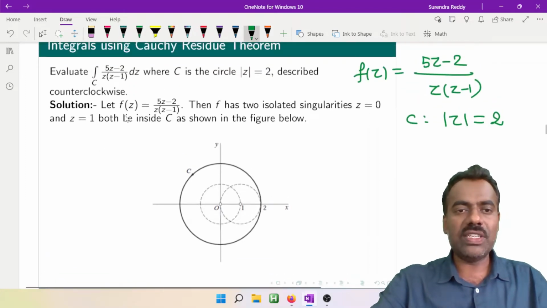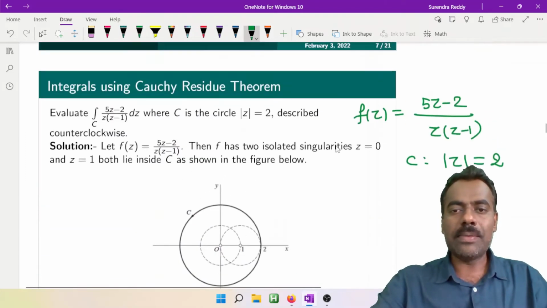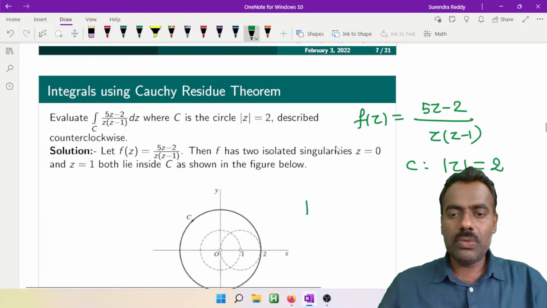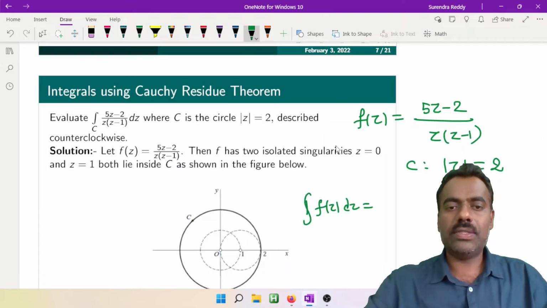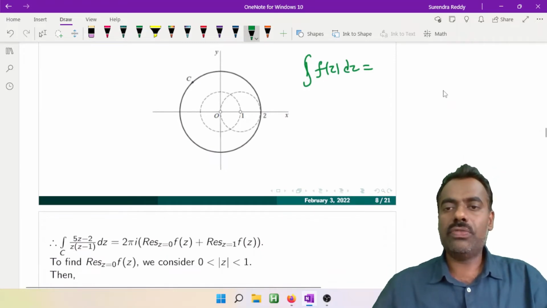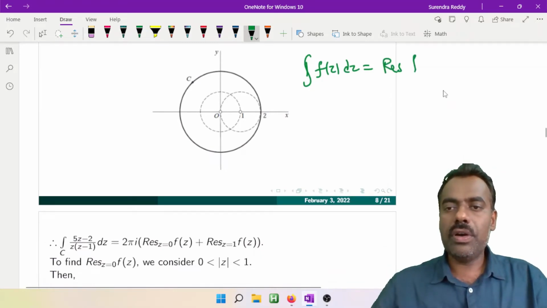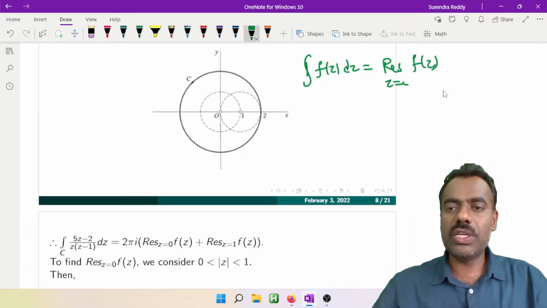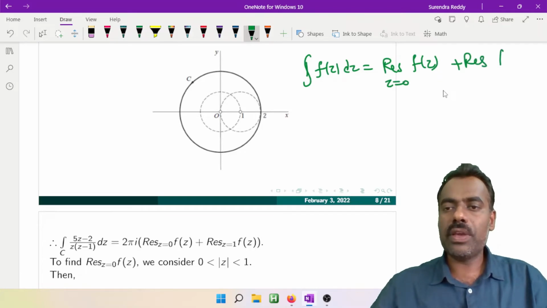Therefore the integration of f of z dz is the residue of f of z at z equal to 0 plus the residue of f of z at z equal to 1.